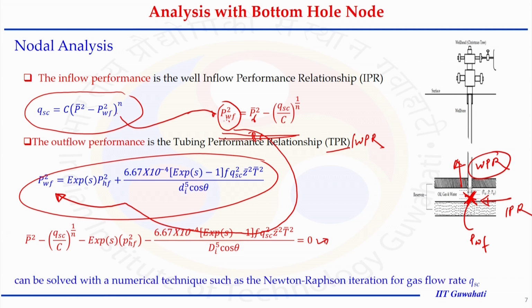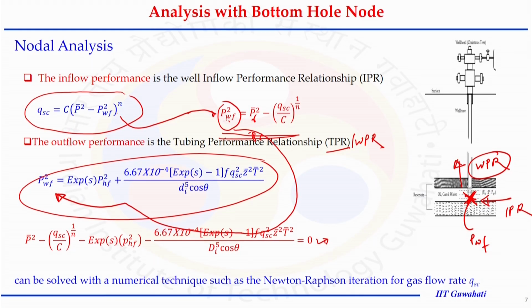This equation can be solved with a numerical technique such as Newton-Raphson iteration for the gas flow rate QSC. So, if I know my reservoir pressure and I know my PWH at the wellhead conditions, the other information in this can be estimated with the help of some iteration procedure.